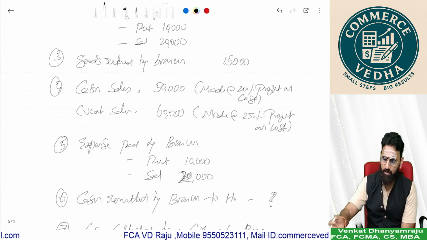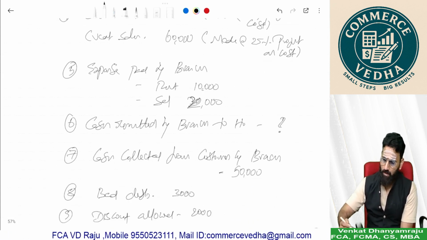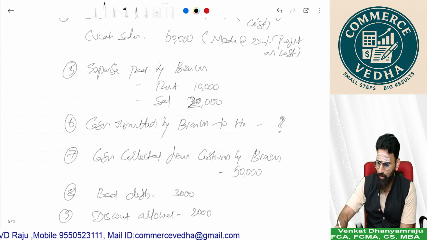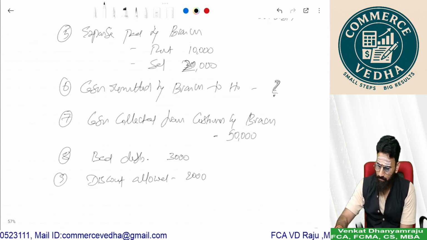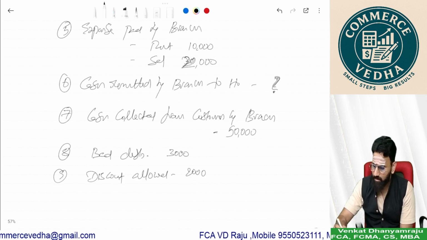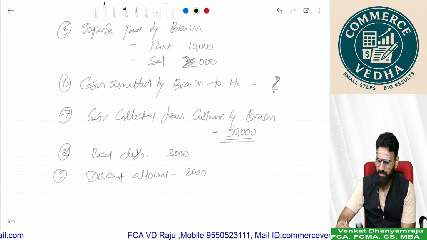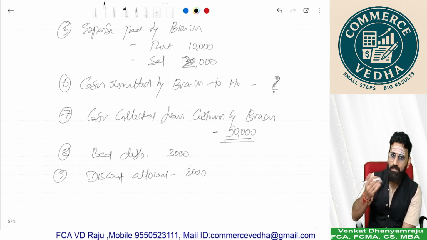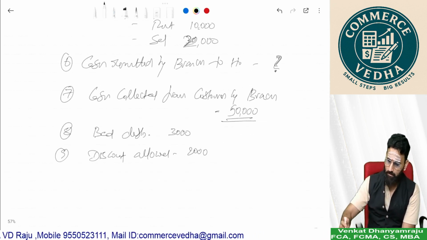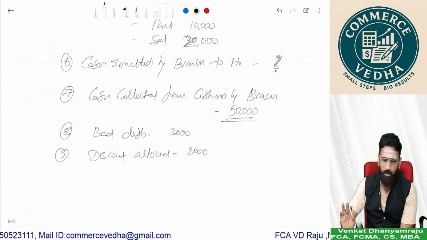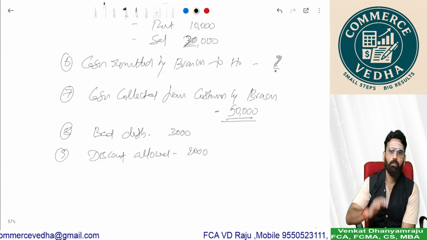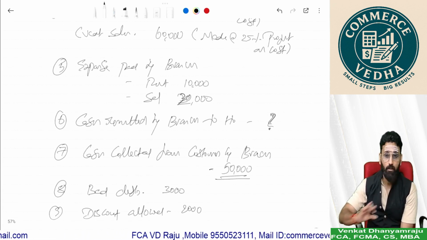Same, you received and paid, so no cash balance. Cash remitted by branch to HO we should compute, question mark. Cash collected from customers is given 50,000. Customers means credit customers, because cash sales anyway you collect. Bad debts 3,000, discount allowed 2,000. With this information we need to prepare a solution.